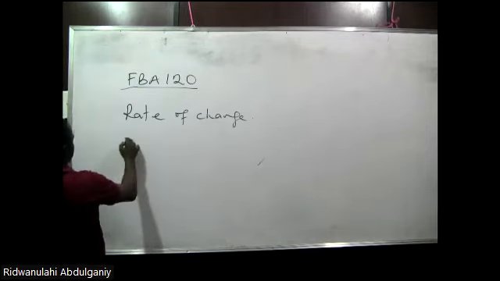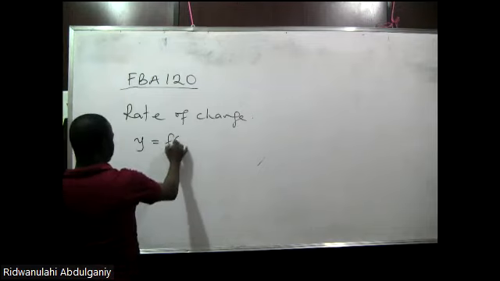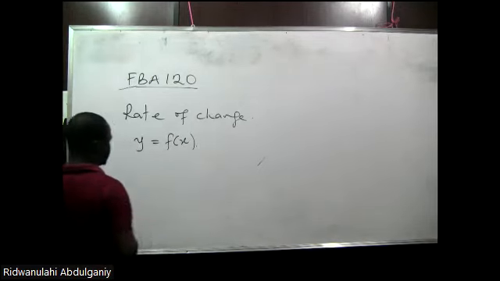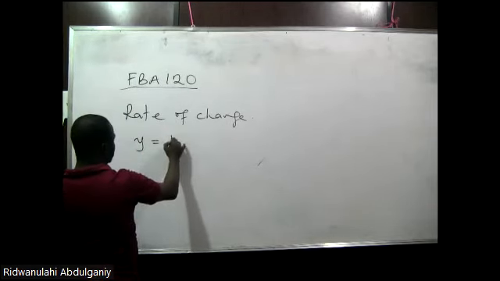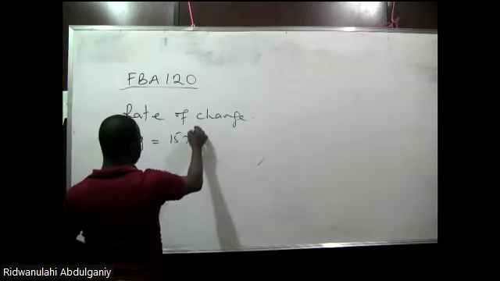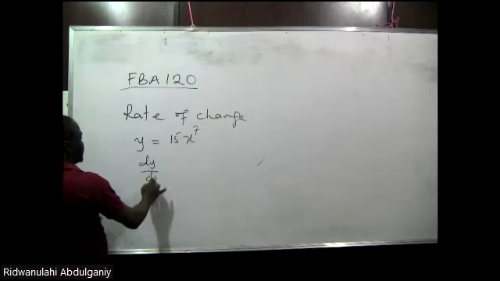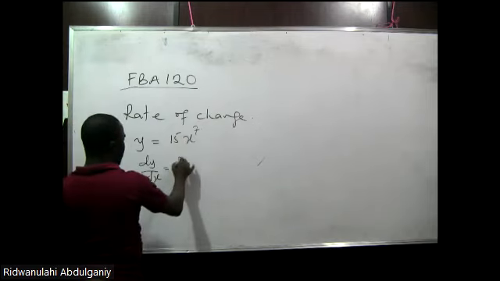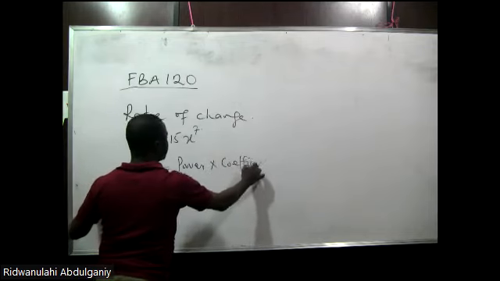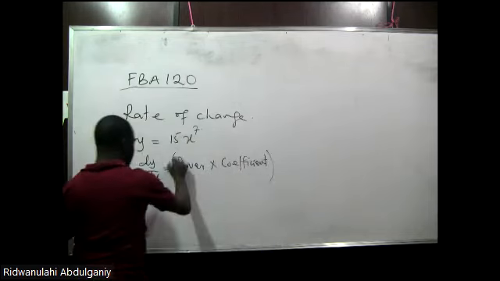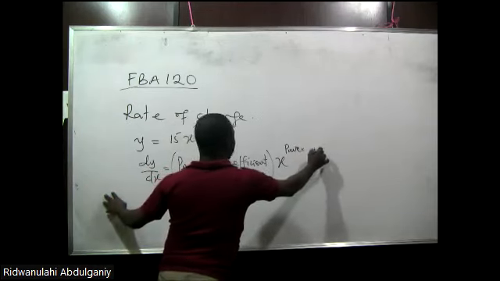You recall that we said that suppose we have y as a function of x. Let me just take a simple example, 15x raised to the power 7, for instance. We said that our dy/dx is power multiplied by coefficient, then x raised to the power minus 1.